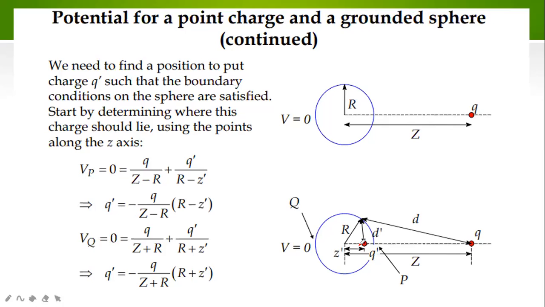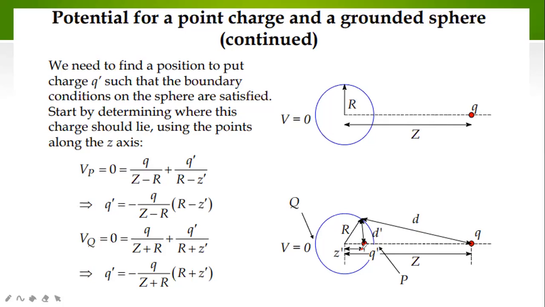The plane problems we have discussed. Now we are discussing the spherical or symmetrical problems. So this is the sphere, the conductor in spherical shape. We will put an image charge at this point, which will be at distance z' from the center. And this one is d', because this was your d.